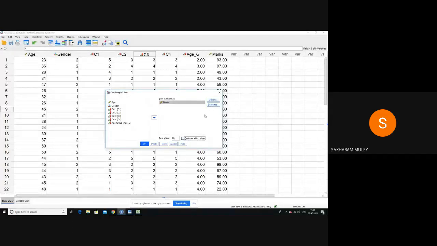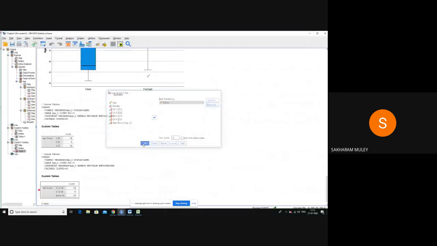In Options, this is why I talked about the 5% level of significance: we have to give a confidence interval percentage, that is 95%, which is based on the 5% level of significance. If it were a 1% level of significance, we would have changed it to 99%. Then I click OK.